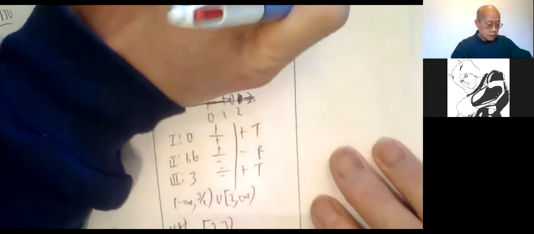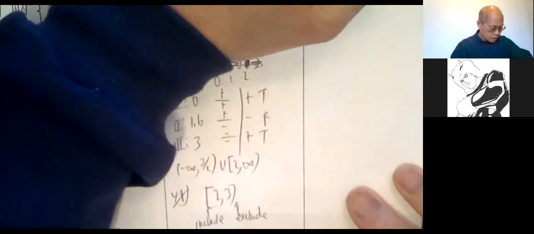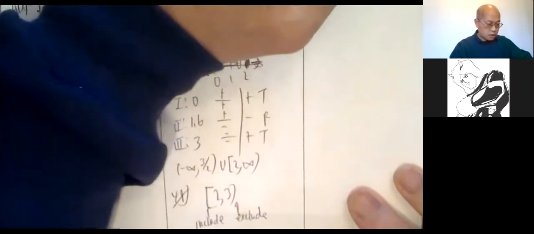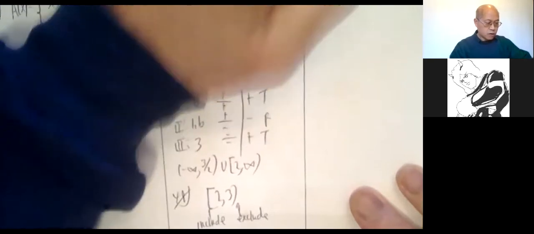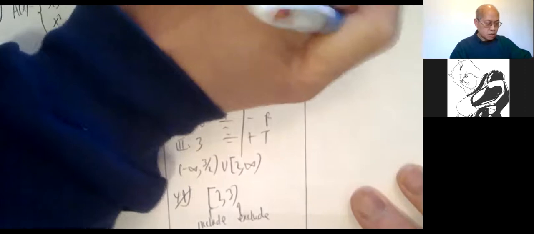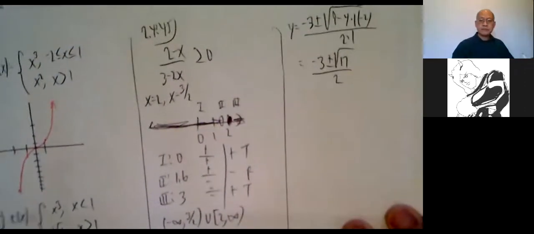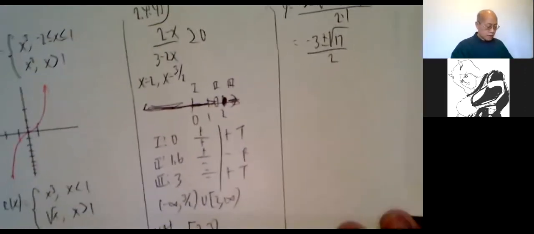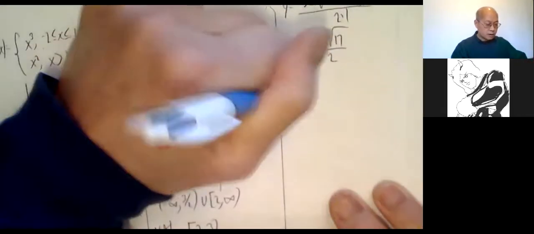Okay, so y is equal to negative 3 plus or minus the square root of b squared, 9, minus 4 times a times c, all over 2 times 1, which is negative 3 plus or minus the square root of 17, all over 2. And that's x squared.